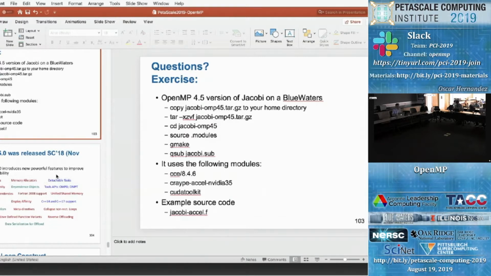But if not, usually there is some sort of degradation, because OpenMP 4.5 doesn't have an explicit way of saying map this to the GPU shared memory. Although in OpenMP 5.0, we're going to have a memory allocator that is going to help with that.